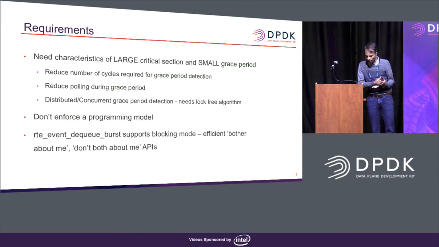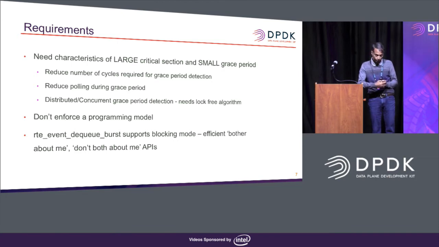Keeping that in mind, here are a few requirements that I have come up with. Can we reduce the number of CPU cycles required for grace period detection? That's because you have a larger critical section. Then, can we reduce the polling during the grace period so that you have fewer memory accesses and less contention?